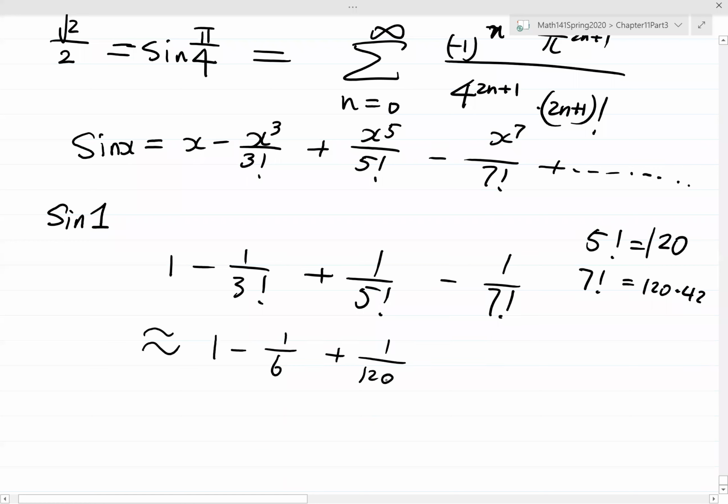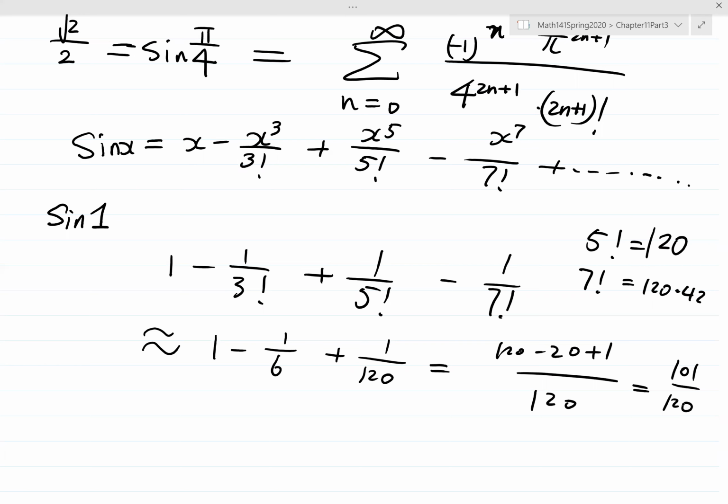So this is around 120 minus 20 plus 1, so it's 101 over 120, around. So you get a reasonable approximation of the thing.